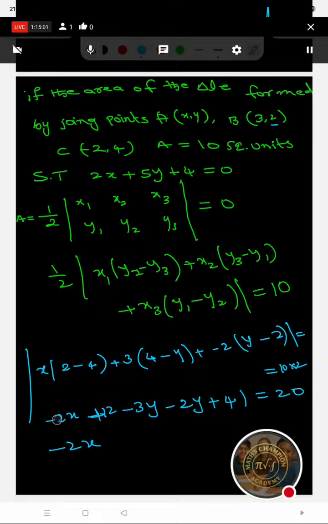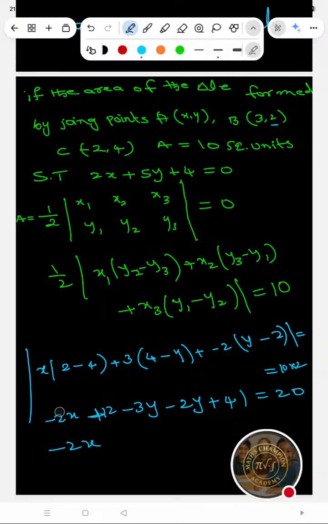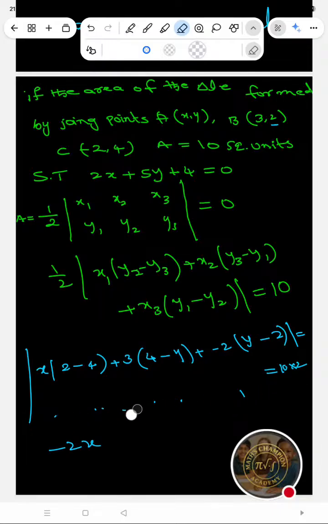Wait a minute, we'll do it again. Maybe there is a calculation confusion. Look at here: x times 2 minus 4, that is minus 2, so minus 2x.